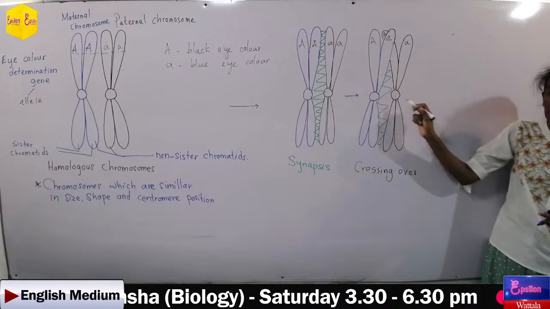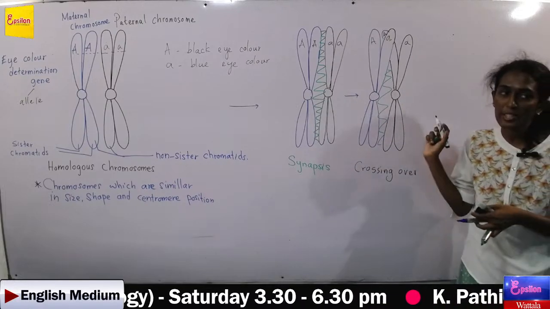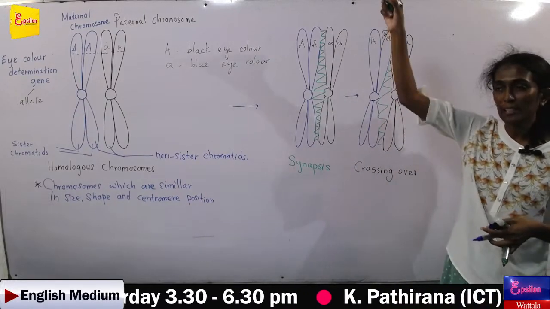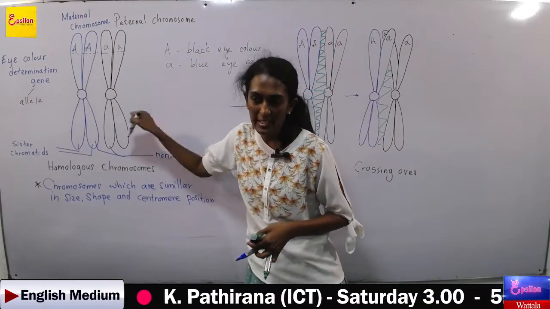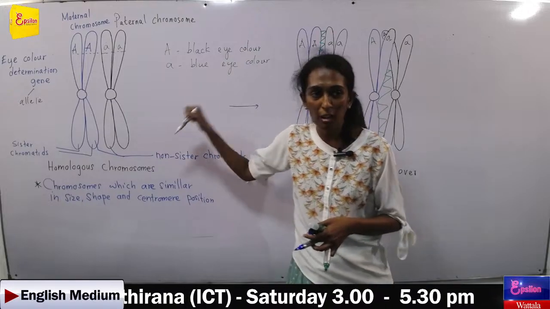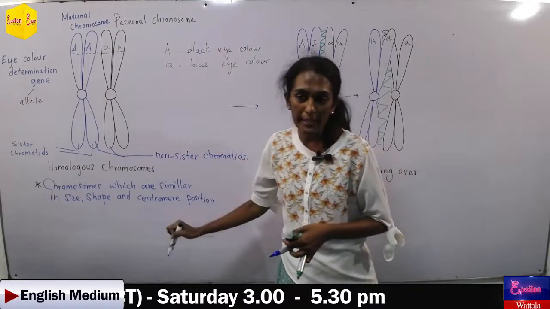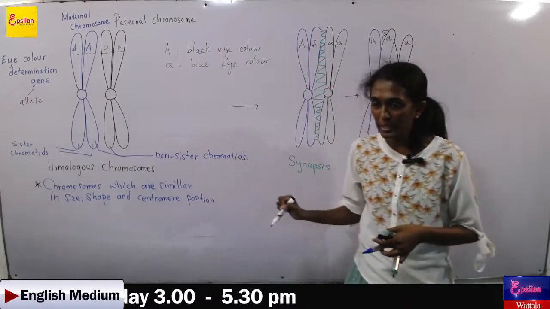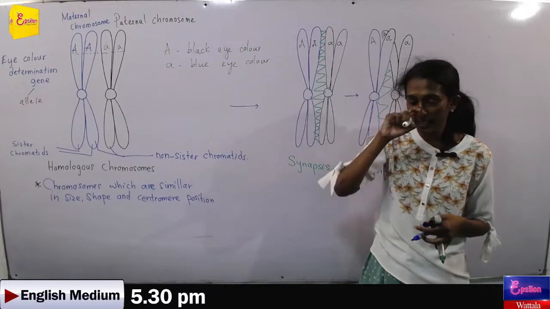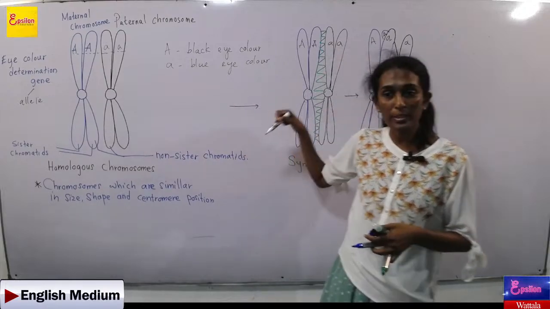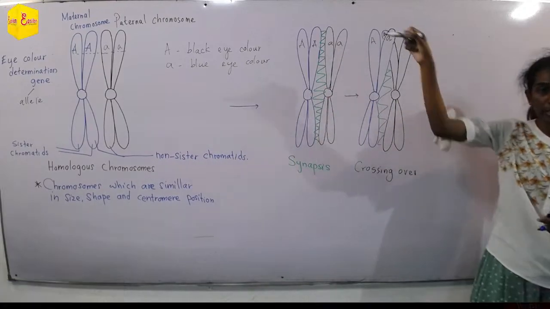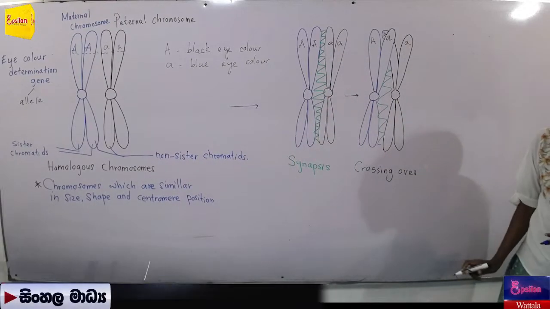So these new chromosomes are now going to be different from the mother's one and father's one. So here is the place genetic variation occurs. Daughter chromosomes have a different combination of genes compared to the parent cell. That's the importance of meiosis compared to mitosis. There's no change in mitosis.